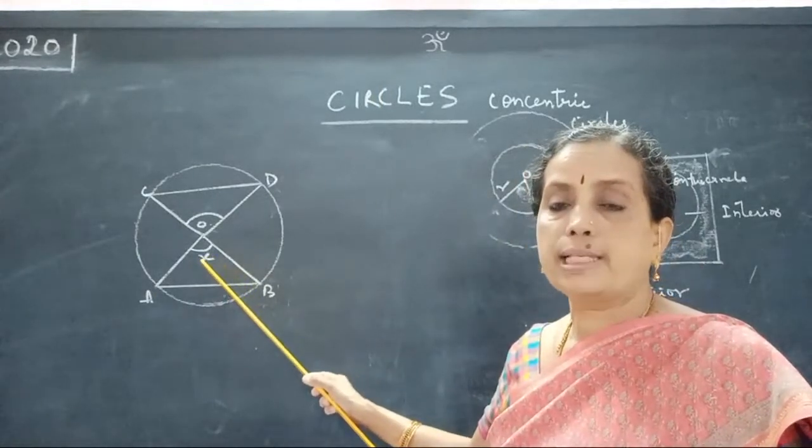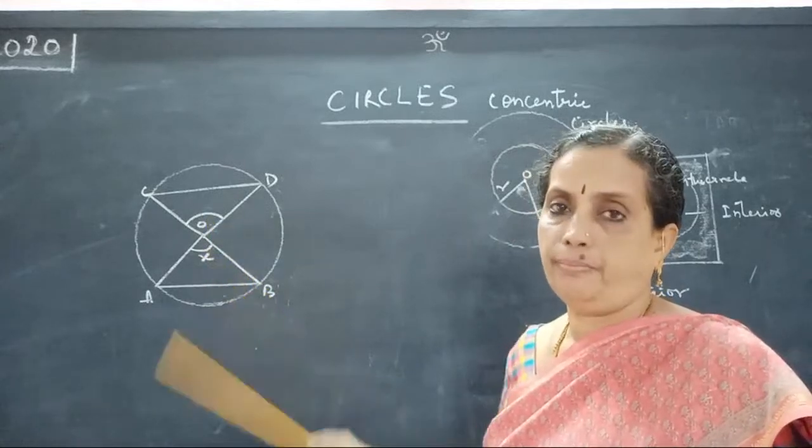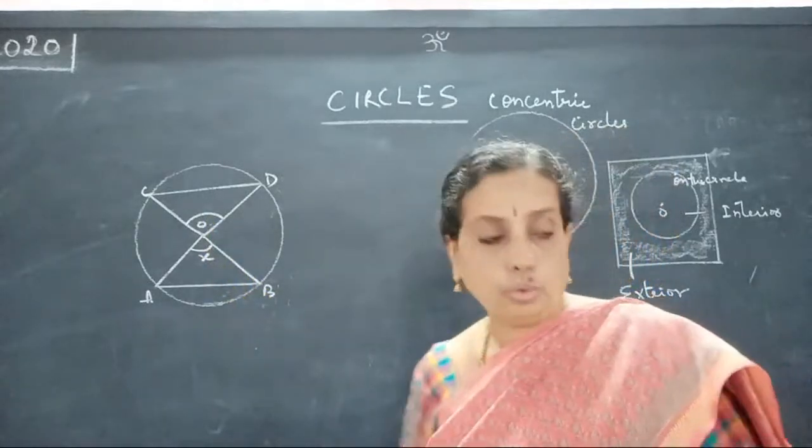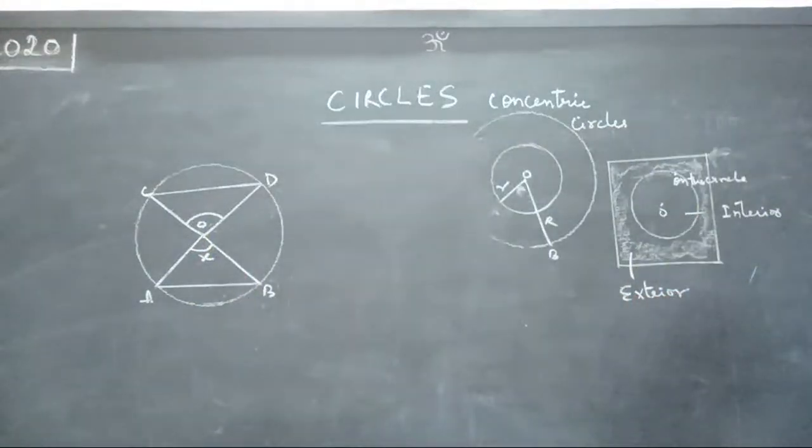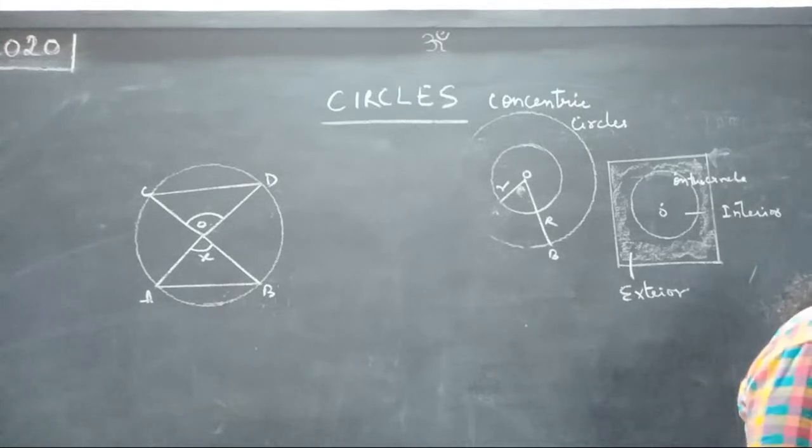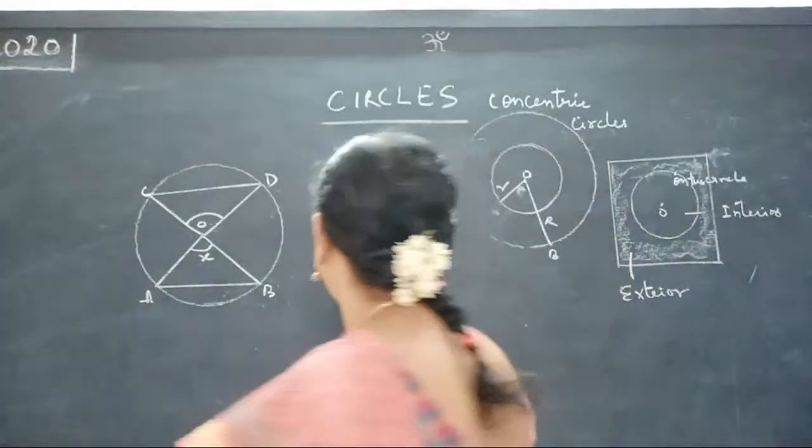It is called the central angle. Now the property is, as a theorem statement, Theorem 10.1: equal chords of a circle subtend equal angles at the center.